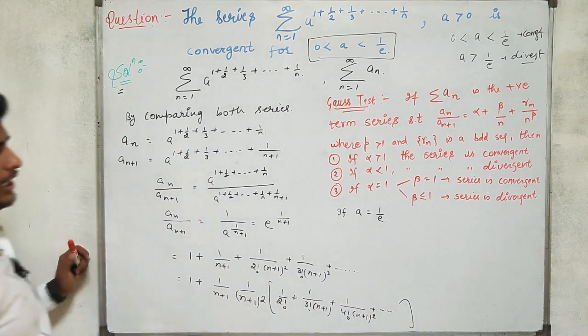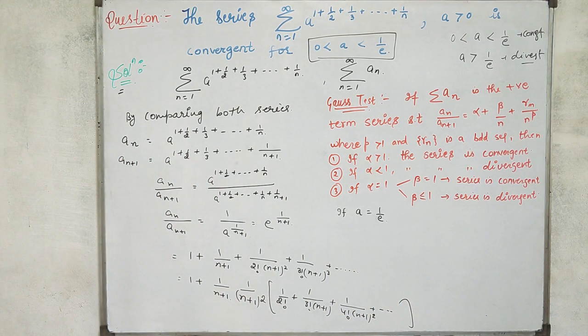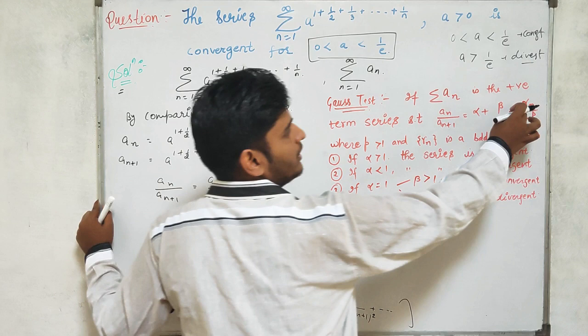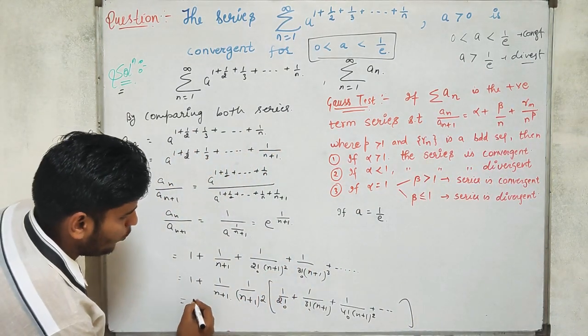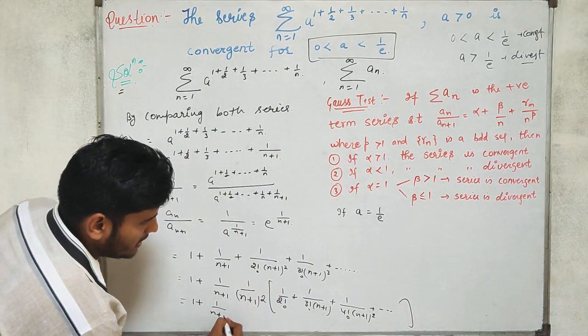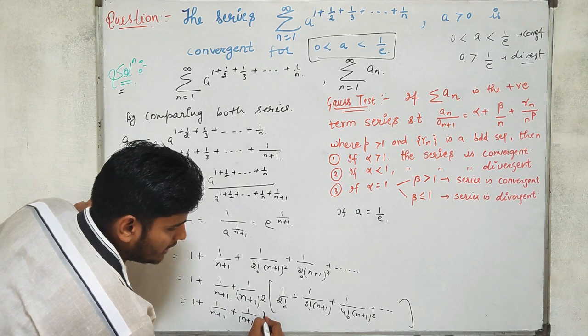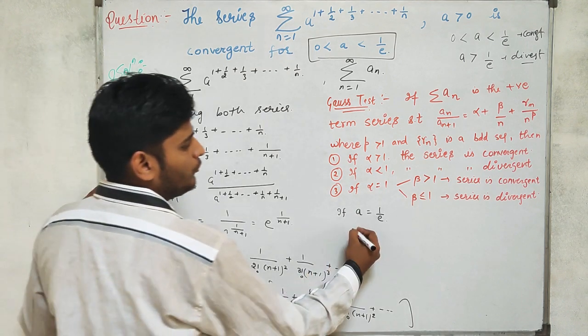Now we assume this is the value of gamma_n. It can be written as 1 plus 1 upon n plus 1 plus gamma_n upon (n plus 1) squared. What is the value of gamma_n?